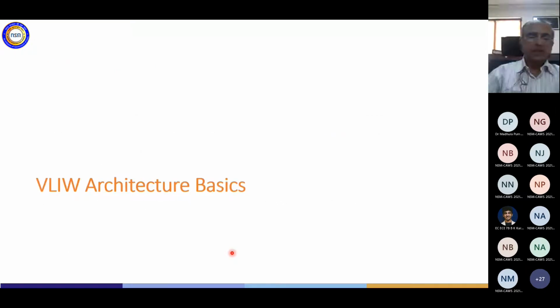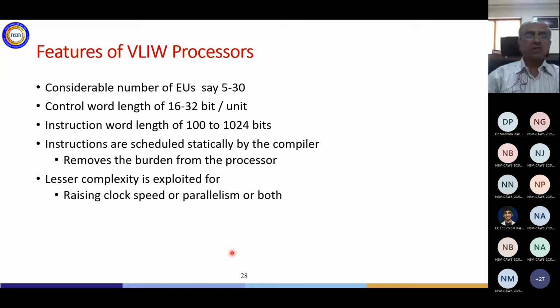So now, let's look at the basics. How does this architecture work? The first thing is that it has a considerable number of execution units, starting with 5 and going up to 30. Remember that these execution units, and I'll give an example of that, are not symmetric in nature, meaning every execution unit is not the same as the other. They will perform certain specific purposes.